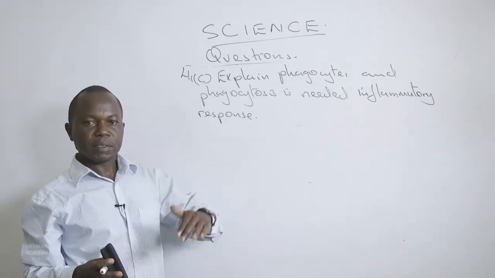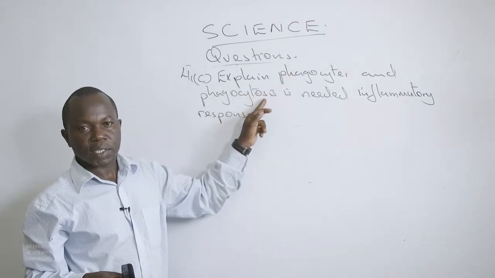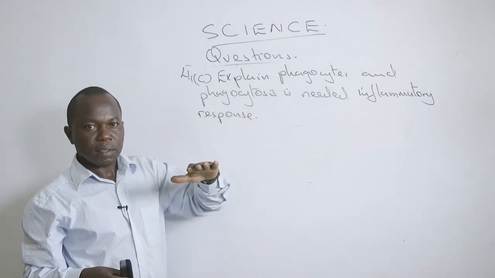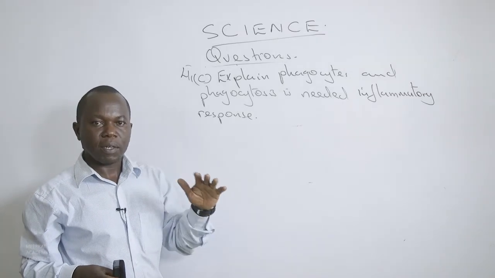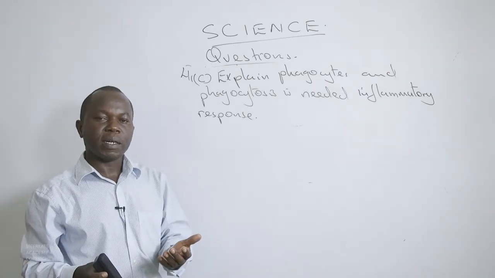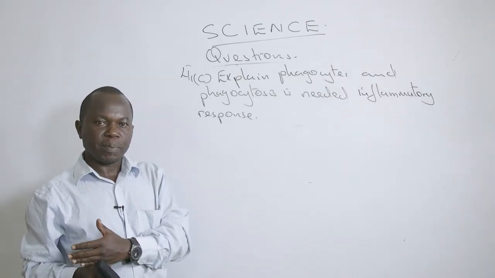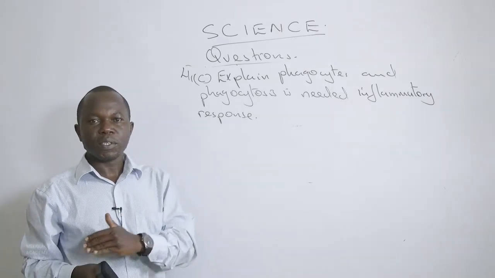So again, we are just building on what we already know. The role of phagocytes and phagocytosis: engulfing and destroying invading bacteria or pathogens. And in the process, we were able to find out the outcome: formation of pus, that was one of them, and restoration of the tissues back to normal.